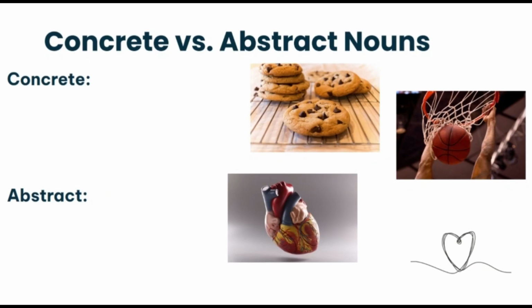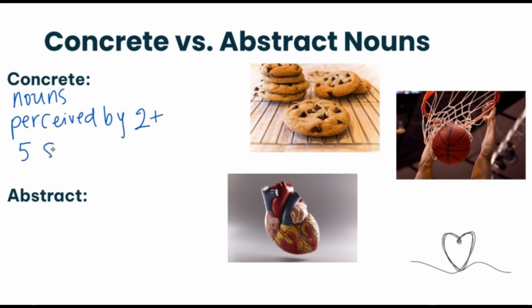Now, these are nouns that need to be perceived by 2 or more of the 5 senses. Okay, just a reminder, the 5 senses, we got sight, hearing, taste, touch, and smell.